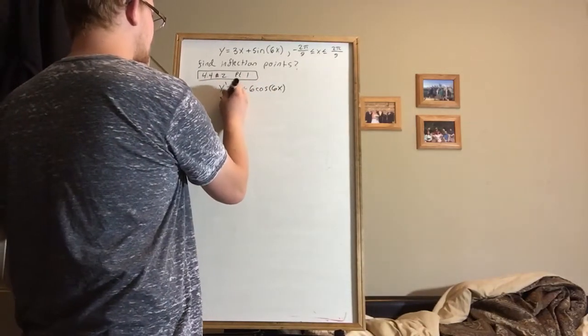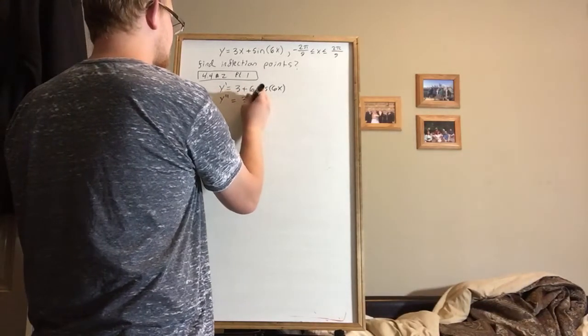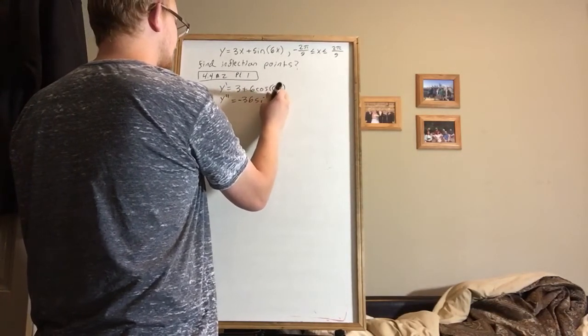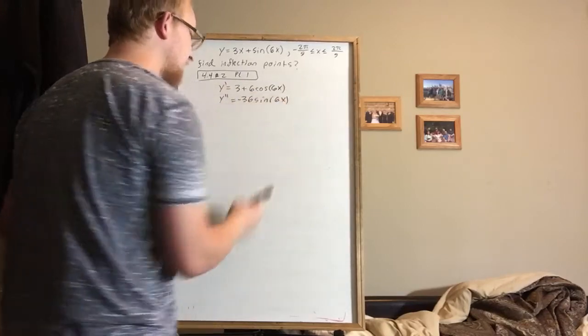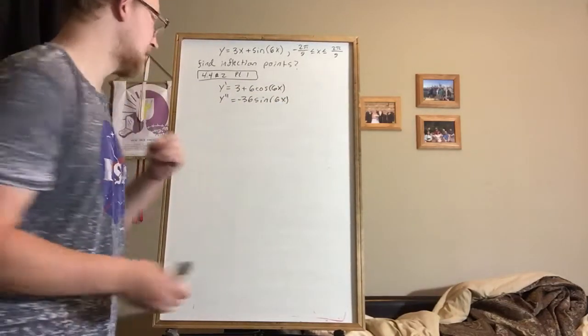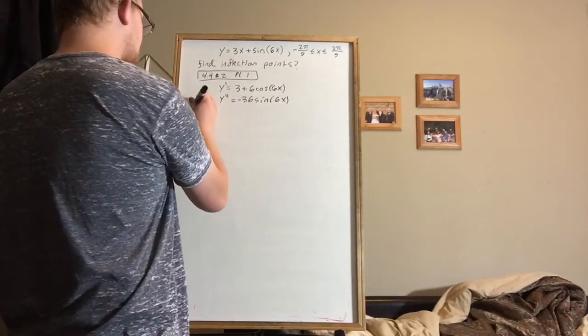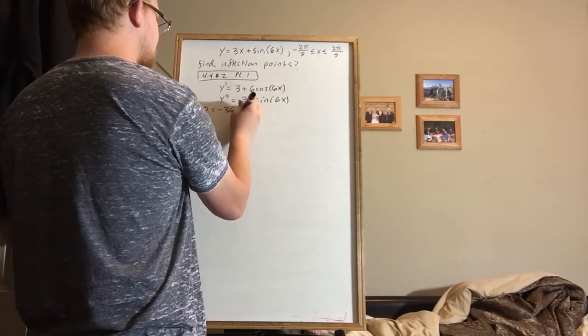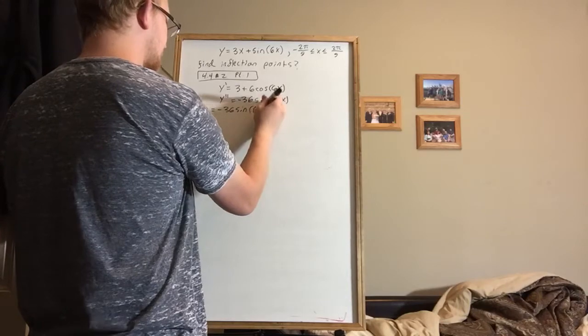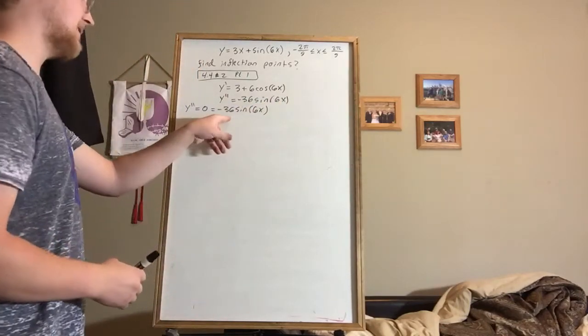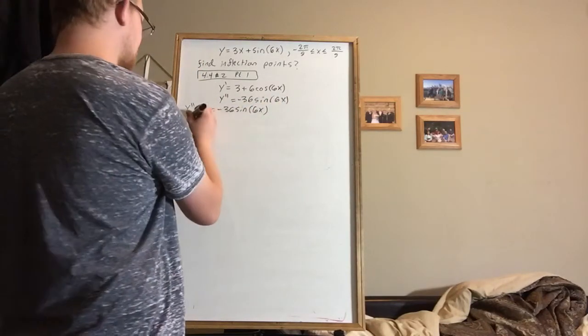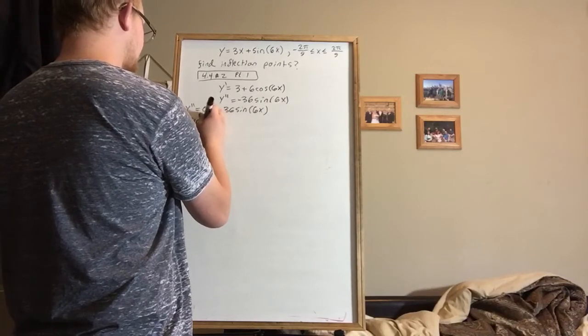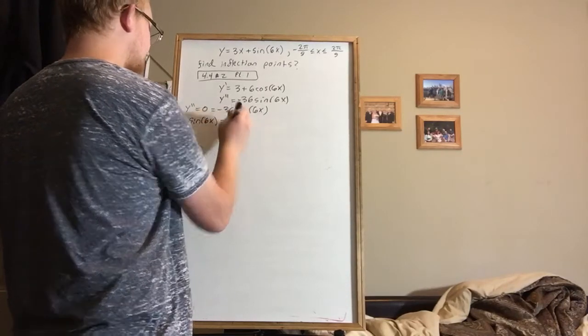The second derivative is equal to negative 36 sine of 6x. If we set the second derivative equal to 0 and solve, we'll find our inflection points, because that's where concavity is 0. We can divide the negative 36 across and end up with sine of 6x equals 0.